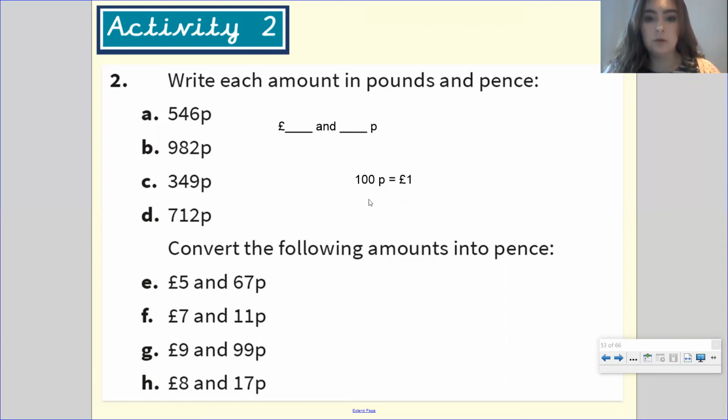Use that to help you. And then with this bit, I want you to convert the following amounts into pence. So you've got £5.64, but how much would that be if you just had pence? So work through these ones, converting them from pounds and pence into pence.